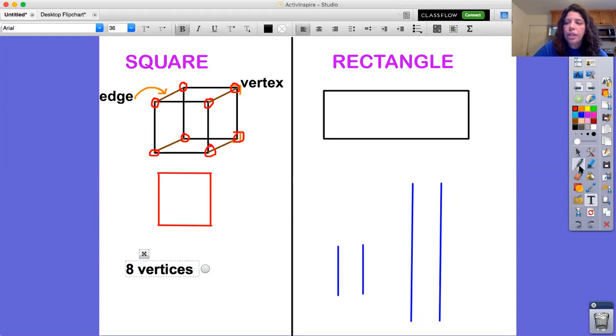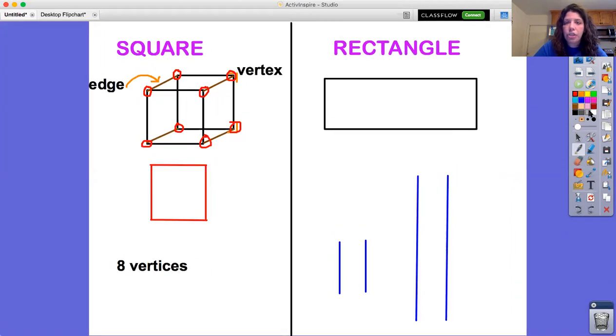Now let's take a look at the number of edges a shape has. So we said this line right here is an edge. So let's go with number 1. And again, we're going to do the top half of our cube first. So 1, 2, 3, 4.